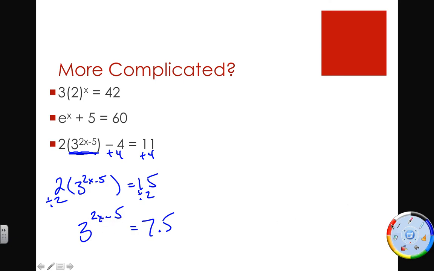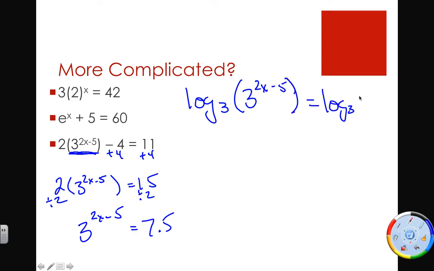So what I'm going to do is take the log base 3 of both sides. So log base 3 of 3 to the 2x minus 5 equals log base 3 of 7.5.